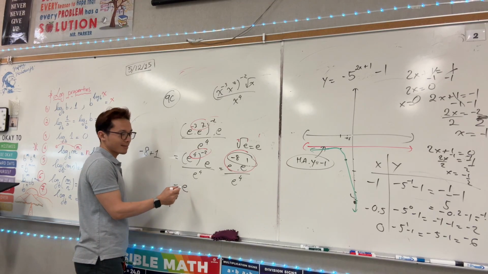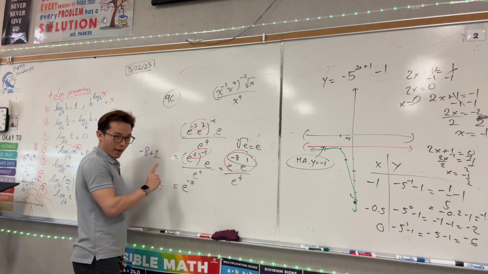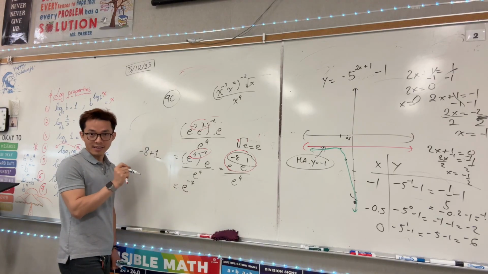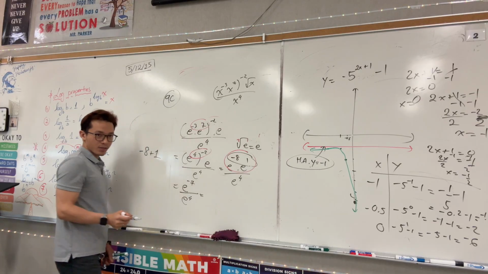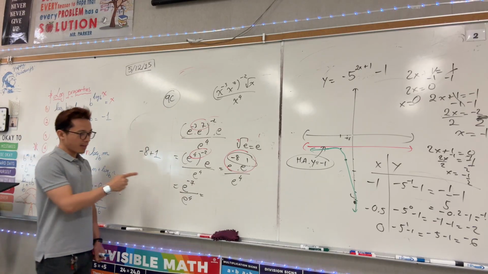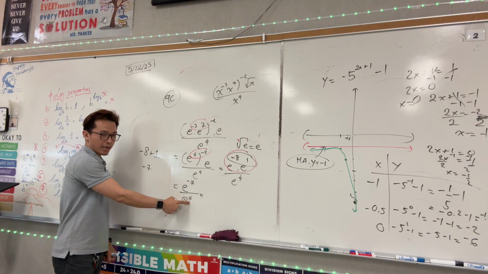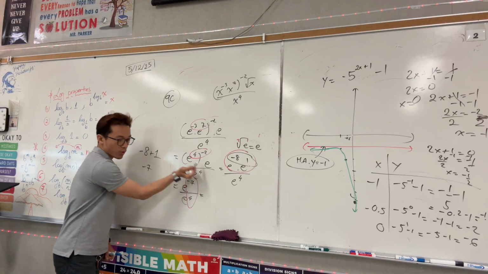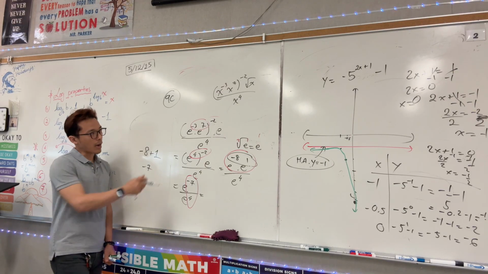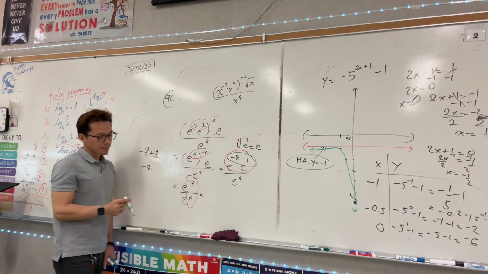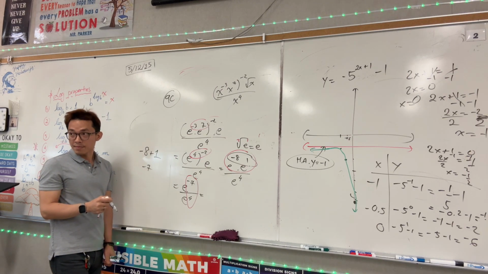Remember, in this part you don't have a calculator. You need to do the calculation correctly, okay? So negative 7, and what are you going to do with the power here when you divide? When they multiply you add them. When they divide, you subtract them.